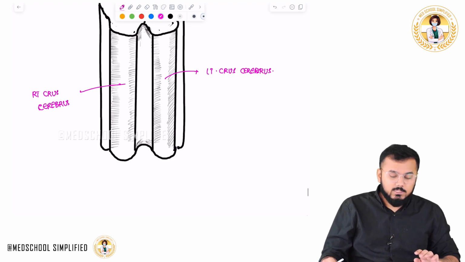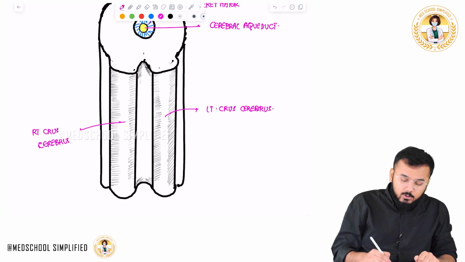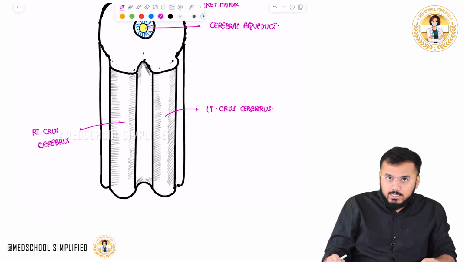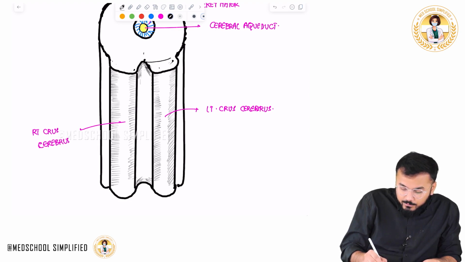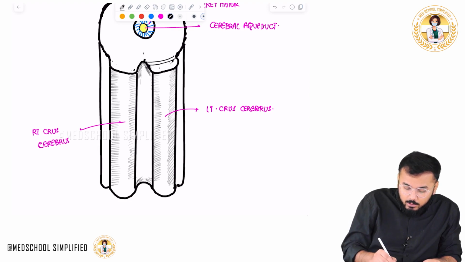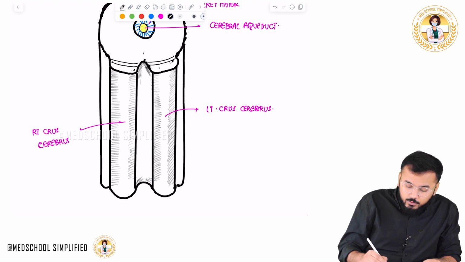Once the right and left crus cerebri are done, exactly on top of the right crus cerebri and on top of the left crus cerebri, you would see a black color substance like this.